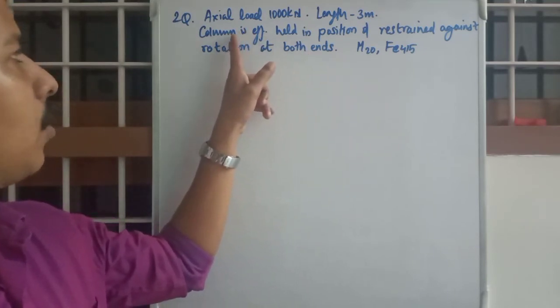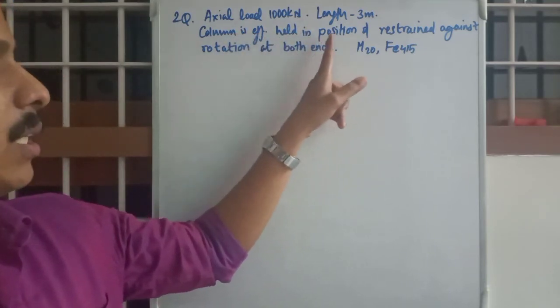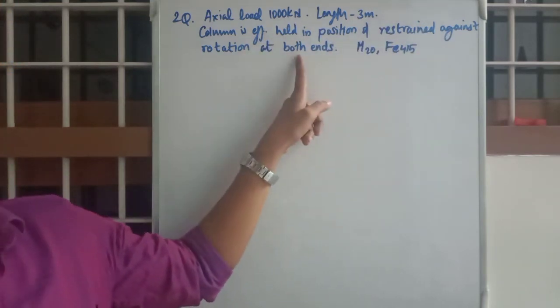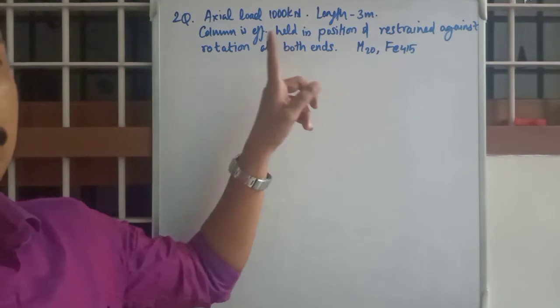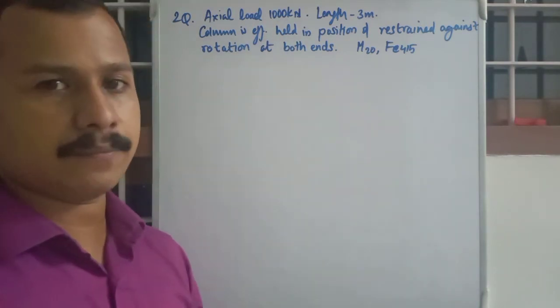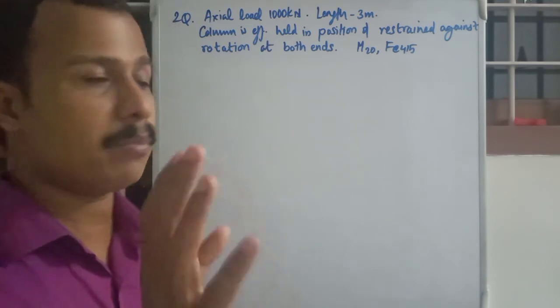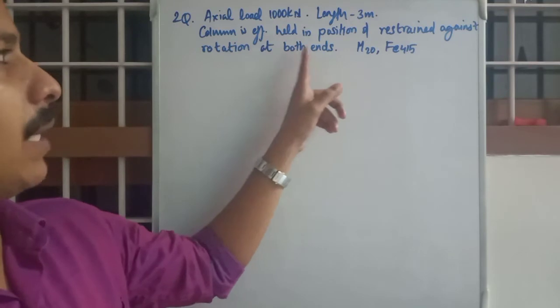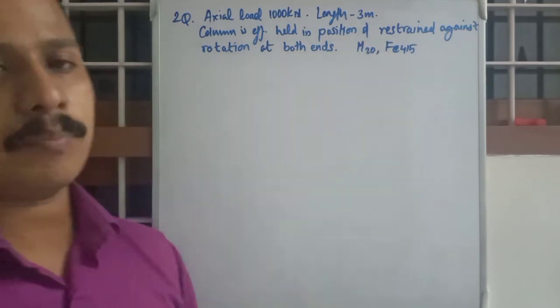This is important: the column is effectively held in position and restrained against rotation at both ends. This "both ends" is to be noted, because if it were just one end, it would have been different. You should refer to page number 91. Restrained against rotation at both ends, M20 and Fe450.